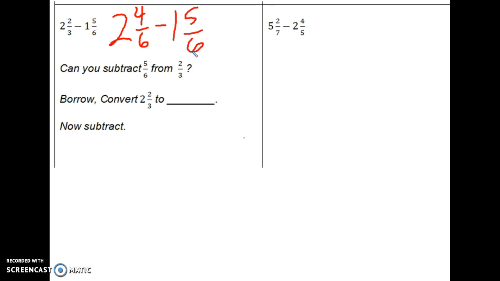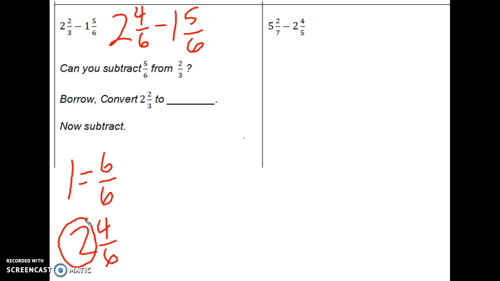Now, when you look at this, I can't take 5/6 from 4/6, but what I do know is that 1 is equal to 6/6. So since I have 2 and 4/6, what I can do is I can borrow one of these two and add that 6/6 to the 4/6. So this is also equivalent to 1, and 6/6 plus 4/6 is 10/6.